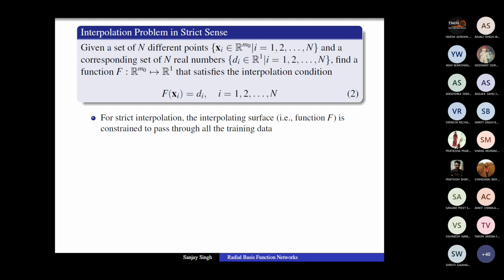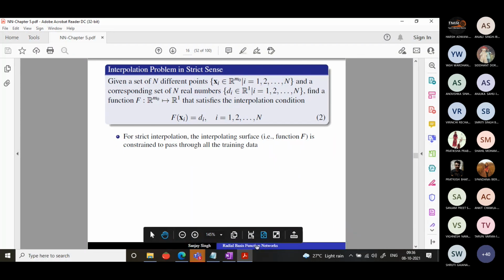Before that, there is something called the interpolation problem in the strict sense. When I say interpolation problem, data points are given to you in this particular fashion. Let me take you to the board.